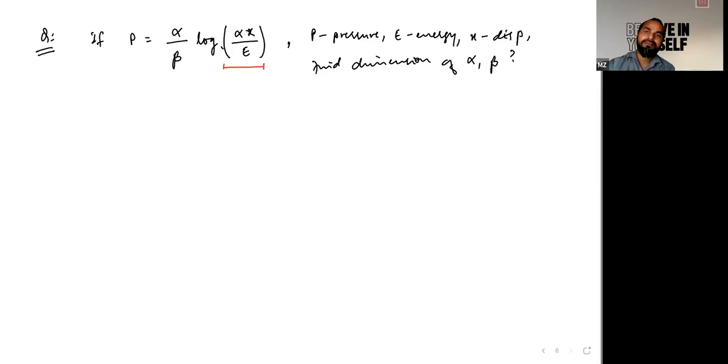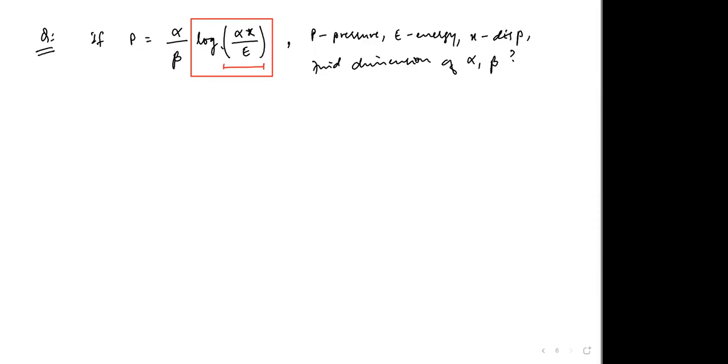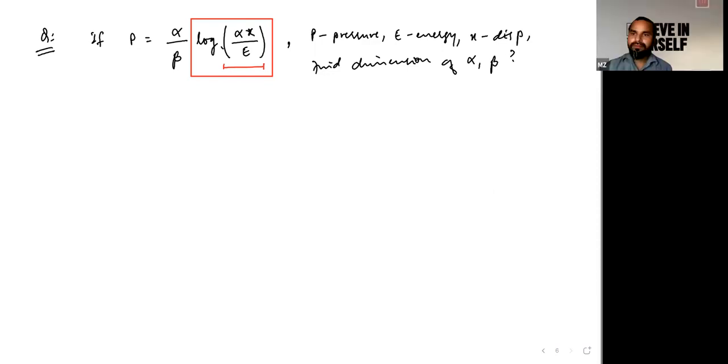Now, the next part is that the whole log of a number is just a numerical part. So just neglect this and equate P to alpha over beta. We have already calculated alpha from this section, put it here and simplify it to find beta. Okay, Abhinav? Yes, sir. Just try to find it, all of you.